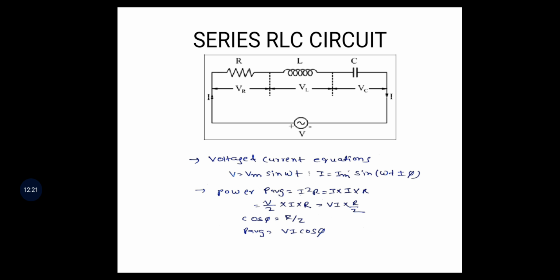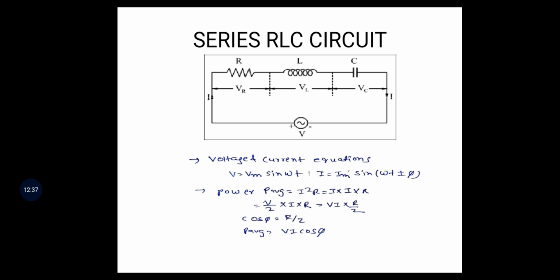In this case, the circuit current I leads the applied voltage V by phi. Here phi equal to tan inverse of minus (XL minus XC) by R. This is case 2.